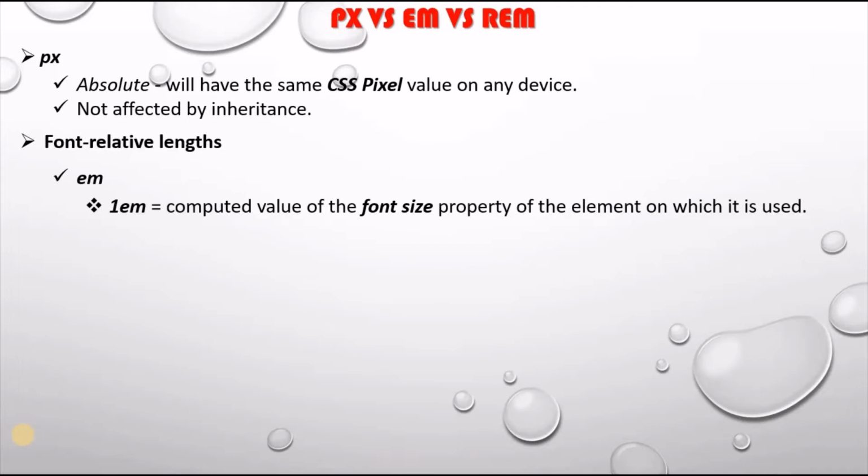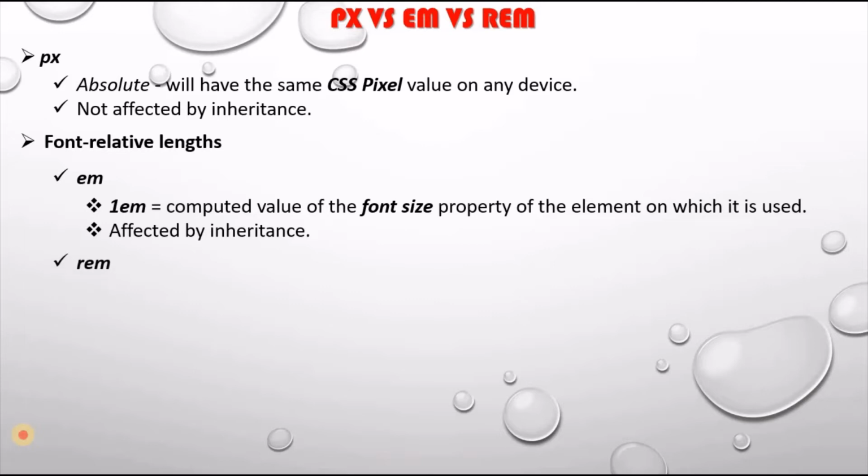You see, there is a bit of misconception. You hear some definitions saying computed value of font size property of the parent element. And this is not necessarily so, but it sometimes appears that way because of inheritance. Otherwise, it is relative to the font property of the element on which it is being used. And ems are very much affected by inheritance. That is, when you are speaking in the context of them being used in elements.